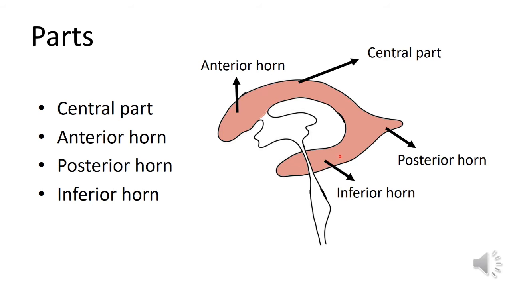So, four parts: the central part, the anterior horn, the posterior horn, and the inferior horn.